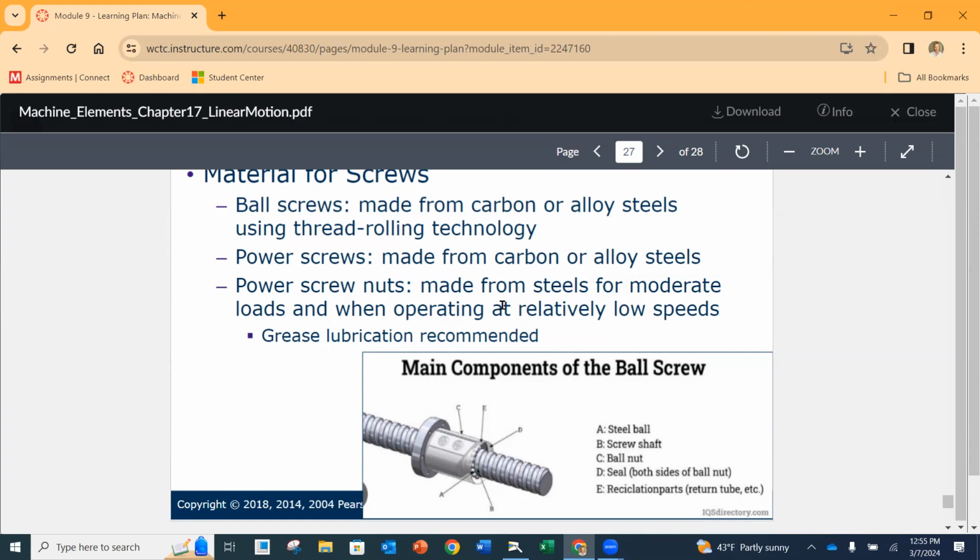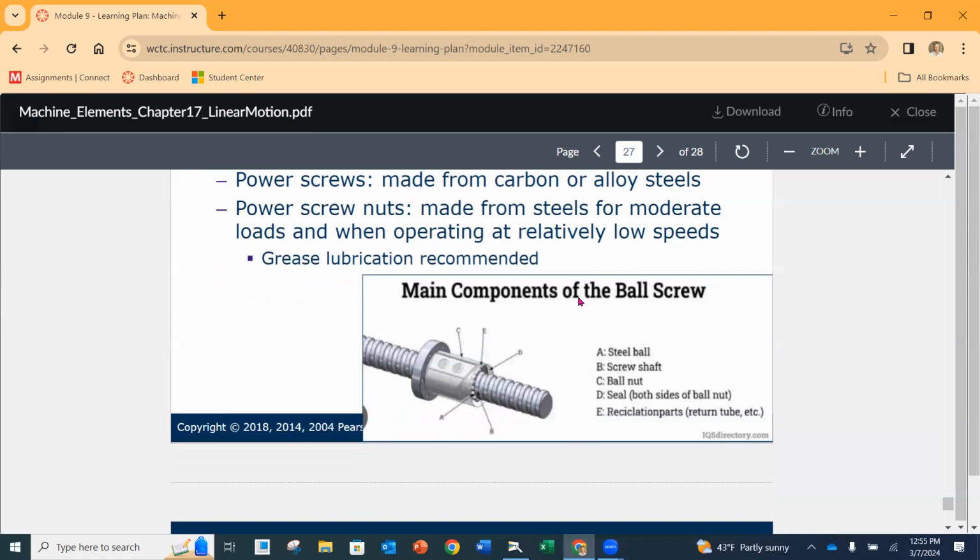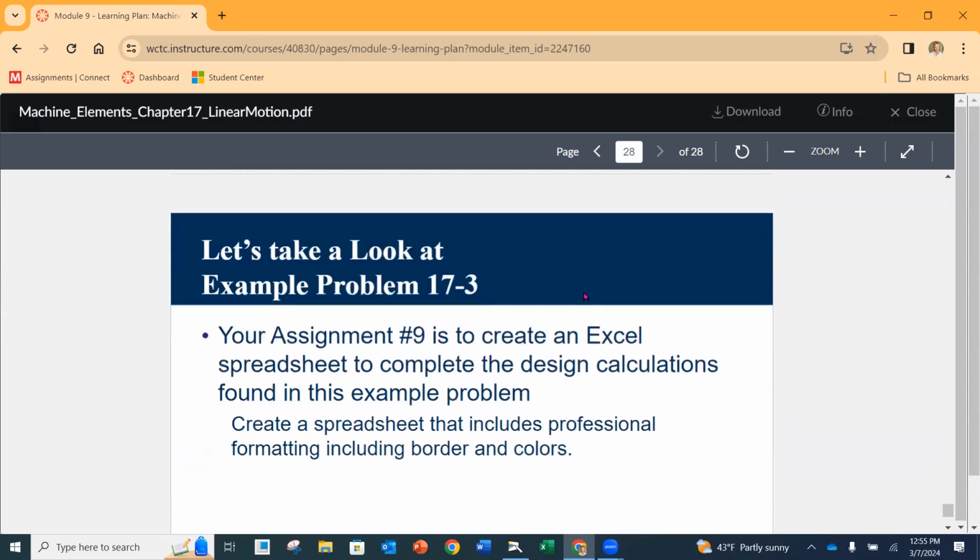The power screws themselves are a lot of times made out of carbon and alloy steels, usually hardened on the surfaces for wear. The power nuts can be made out of steel for moderate loads, but really anything. If you do a little search online, there are different types of plastics, nylons, all sorts of things that can be used as well. And also be aware of lubrication that would need to be in there for maintenance.